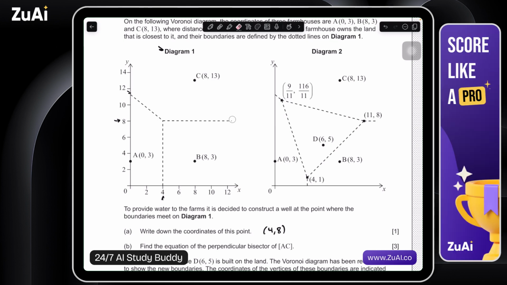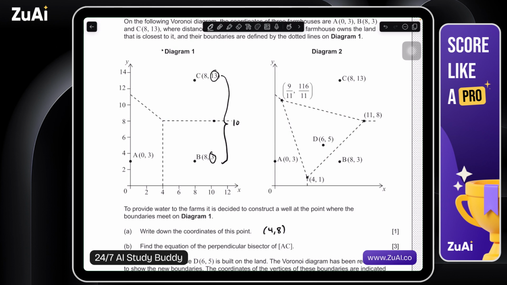How could we be absolutely sure that this is the case? Boundary lines occur at the midpoint between these two. So if this is a y value of 13 and this is a y value of 3 at point B, the distance between here is equal to 10. That means 5 above, 5 below.